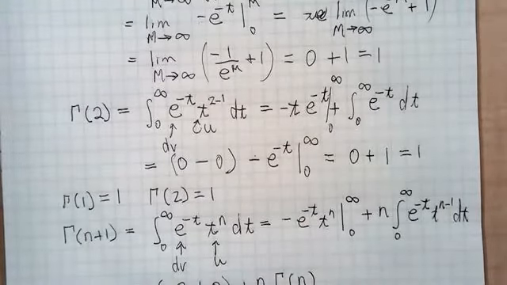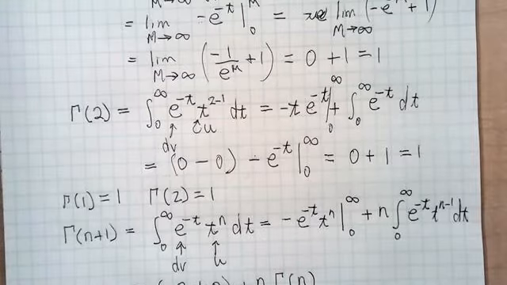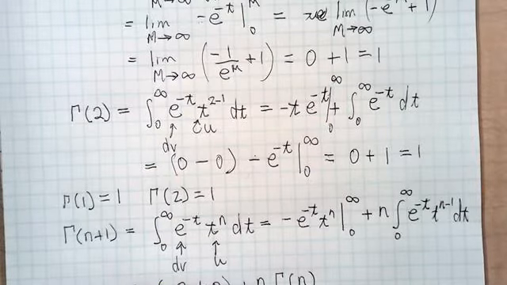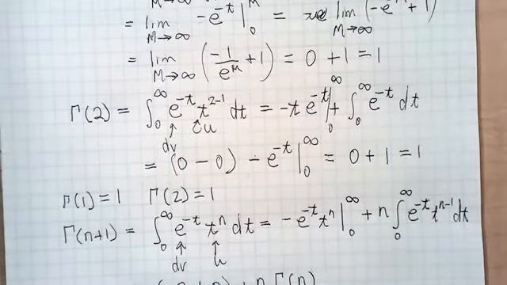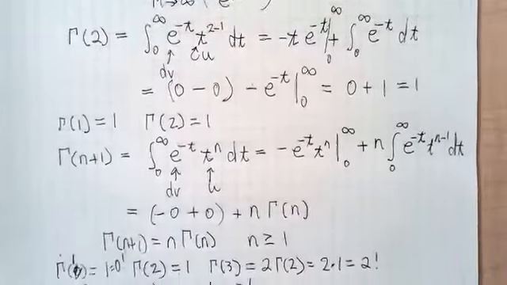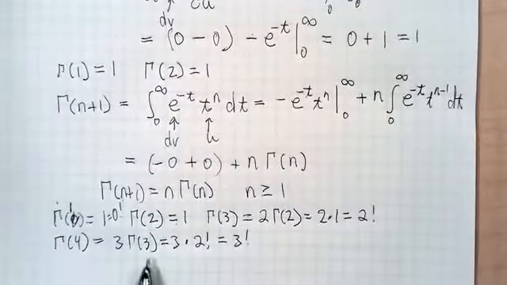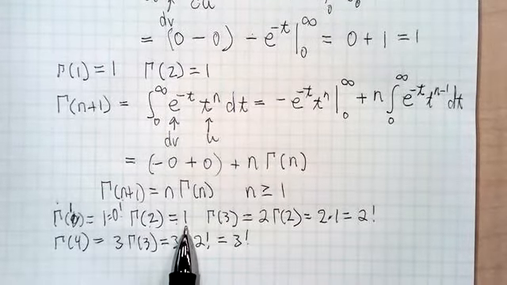Gamma of 4, well, by the formula, you knock this down by 1, so it'll be 3 gamma of 3. So it's 3 times gamma of 3. Gamma of 3 we already computed. That's 2 factorial. 3 factorial. And at this point, you can probably see the pattern. Gamma of 1 is 0 factorial. Gamma of 2 is 1 factorial.